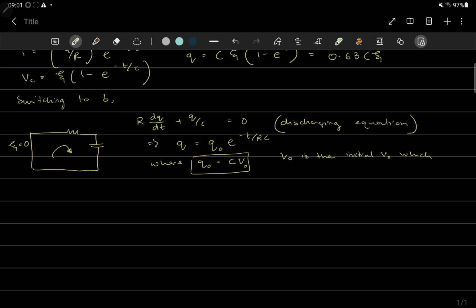So basically this is the initial EMF of the battery. So this is the charge that we start with. Basically Q naught is the initial charge, which is equal to what it was when the battery was connected, and then you disconnect the battery, so therefore this Q will start discharging and decrease from the initial Q naught. Okay, so V naught is the initial V naught, which is equal to the EMF of the battery.